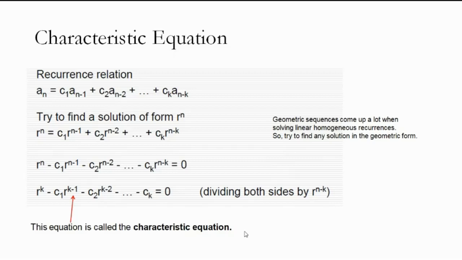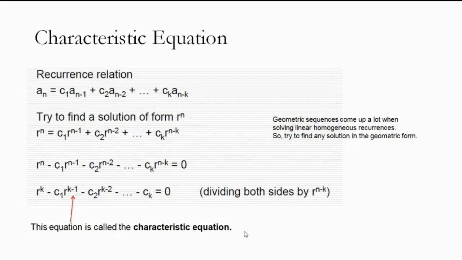So for any recurrence relation, An is equal to C1 An minus 1 plus C2 An minus 2 plus and so on plus Ck An minus k, the characteristic equation will be like this: R power k minus C1 R power k minus 1 minus C2 R power k minus 2 and so on minus Ck is equal to 0.